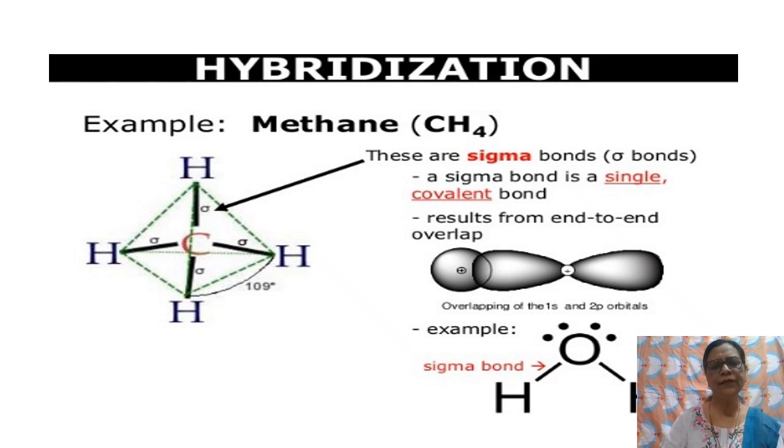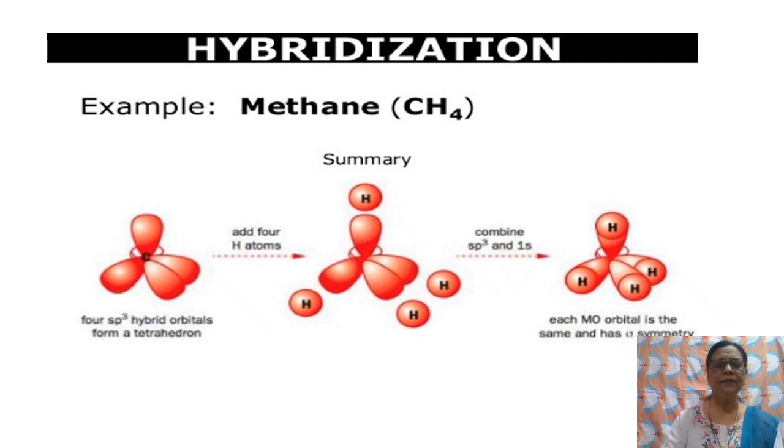So in the case of the methane molecule, we can say that carbon is present at the center and the hydrogen atoms are present at the four corners of a regular tetrahedron with the bond angle 109 degrees 28 minutes. All the C-H bonds are sigma covalent bonds. The structure of the methane molecule can be shown like this. Actually, this first figure shows the carbon atom and its 4 sp3 hybrid orbitals, each having a single unpaired electron.